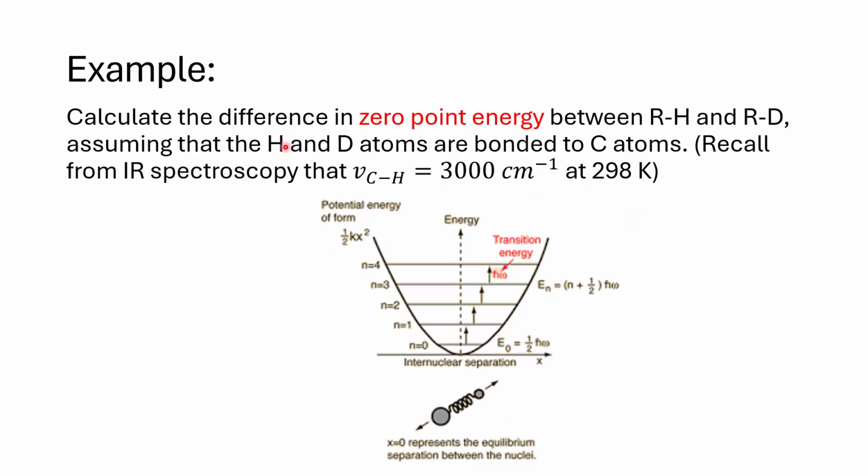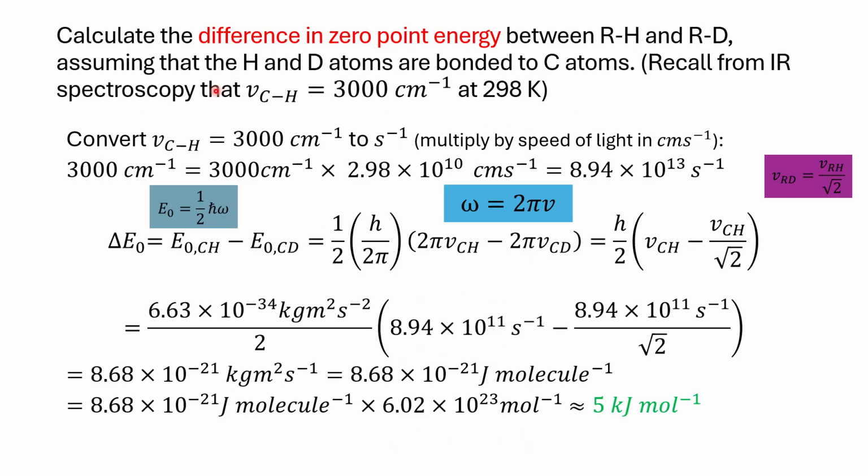So how do we find the zero-point energy for the two molecules? How to solve the problem? We need to find the difference in the zero-point energy between RH and RD. If we have the potential energy curve, which oscillates according to Hooke's law, it shows a quadratic shape.